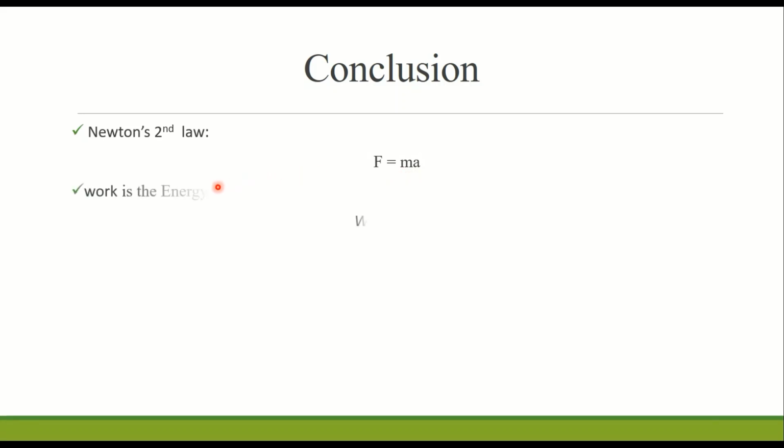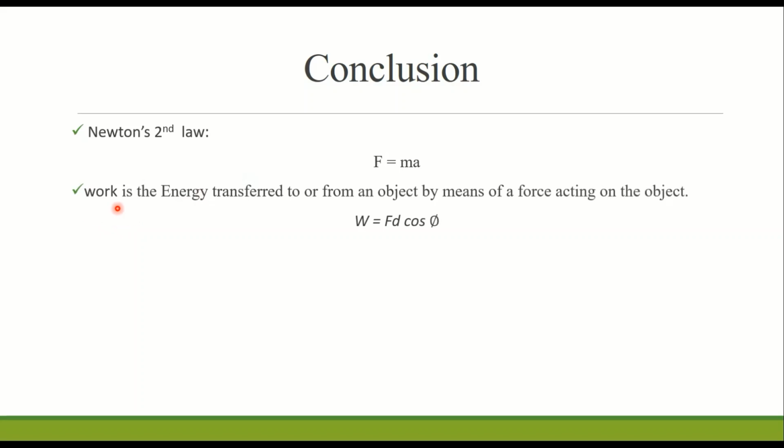After that, we explored the concept of work, which is the energy transferred to or from an object through the application of force. And we showed that it is dependent on the magnitude of the force, the distance the object travels, and the angle between the direction of the force and the object's movement.